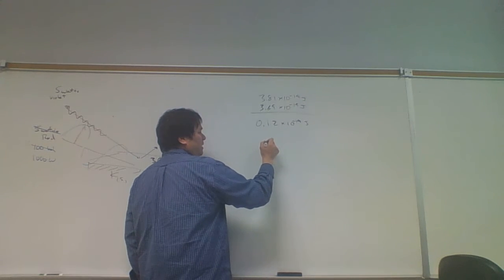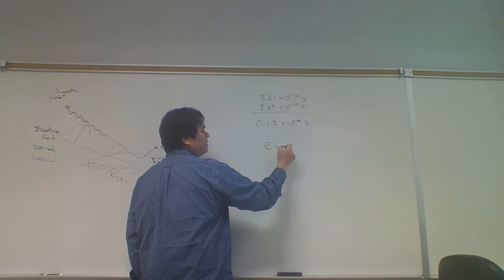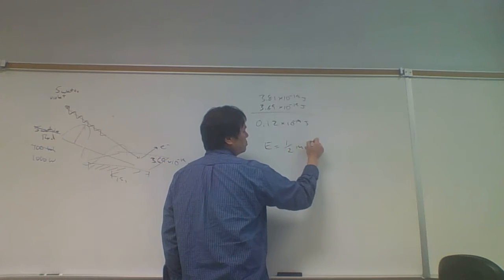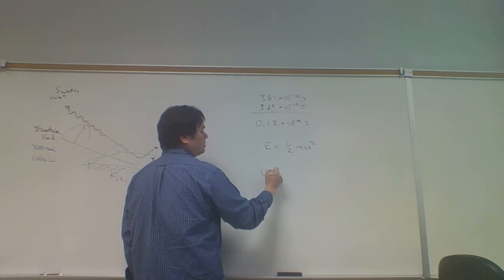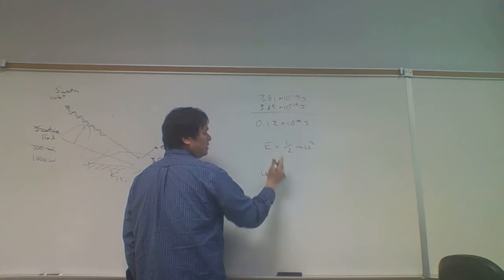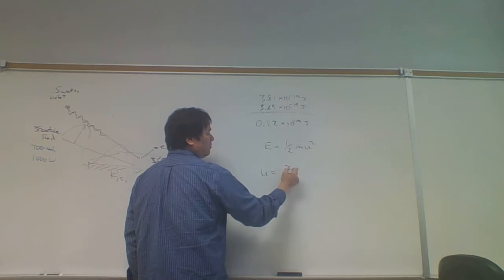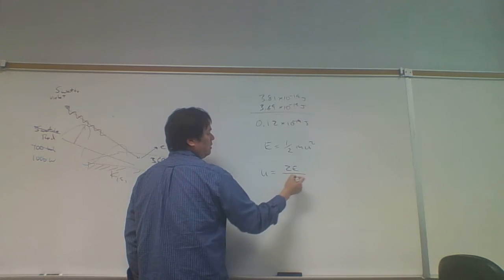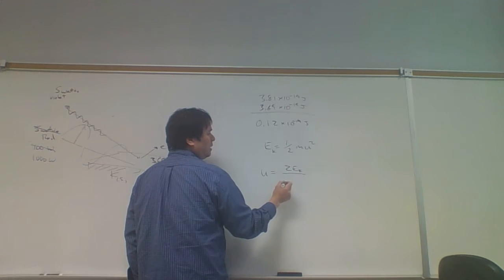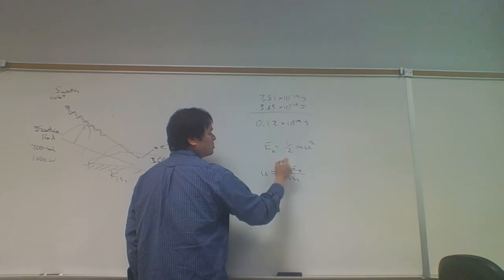The velocity or speed is given by this equation: the energy is equal to 1/2 m u squared, where u is the velocity. So the velocity of the ejected electron depends on the energy. The more energy you kick off of it, the higher the velocity. So u is the square root of 2 times the kinetic energy, EK, divided by m.